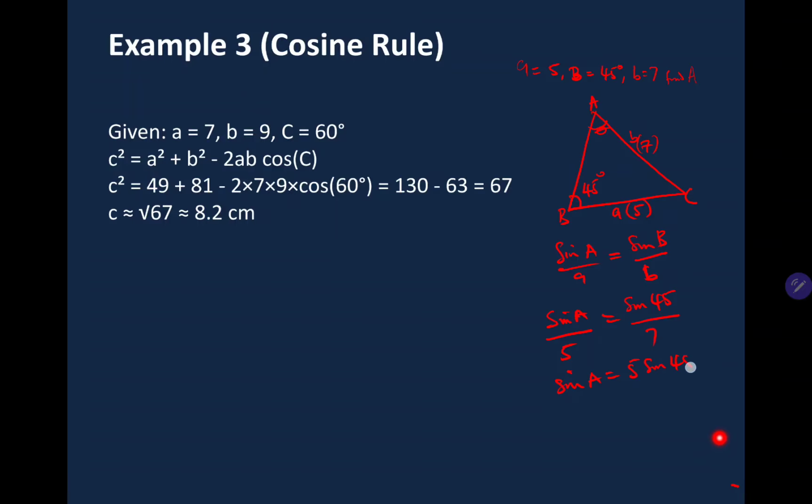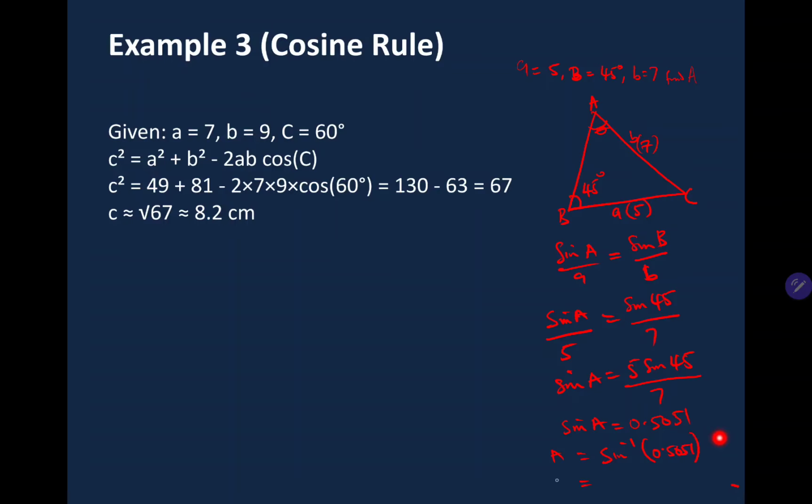Then all we need to do is put this into our calculator, and sine A here will be 0.5051 approximately. Then to know what A is, it's the inverse sine of 0.5051.